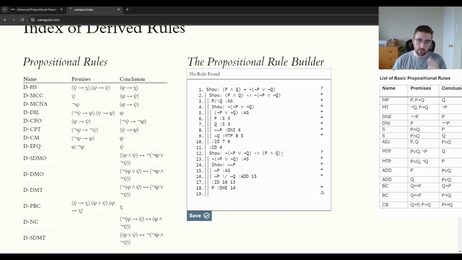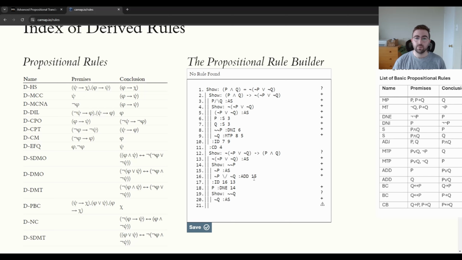And then we want to do the same with Q. So we're going to show not Q, which means we assume not Q. And we can basically just do the same thing, right? Because we can put this on either side of an or statement with whatever other thing we want, because that's how our addition rule works. So we can just get not P or not Q again, this time on line 20, because that's what we have access to here, right?